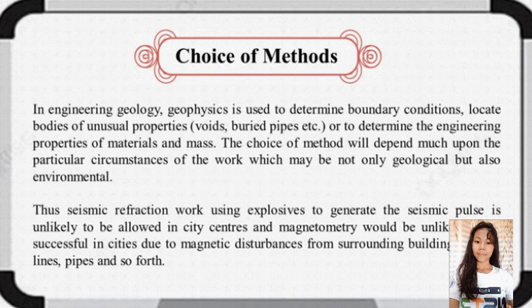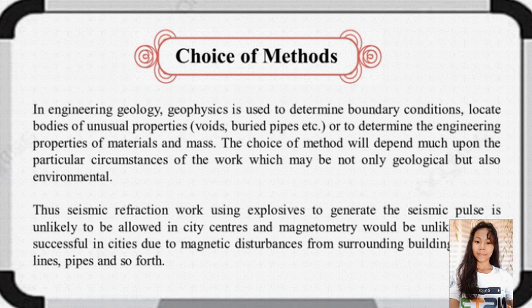Choice of methods. In engineering geology, geophysics is used to determine boundary conditions, locate bodies of unusual properties, voids, buried pipes, etc., or to determine the engineering properties of materials and mass. The choice of method will depend much upon the particular circumstances of the work, which may be not only geological but also environmental.